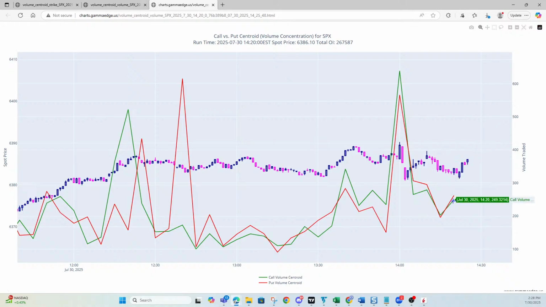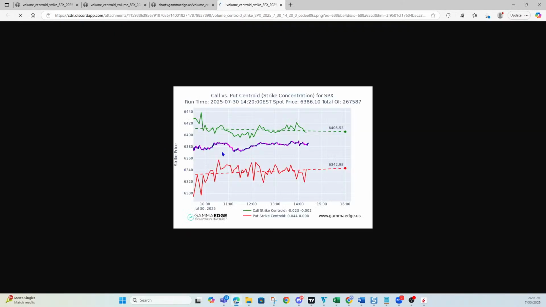So what you want to see if you're anticipating a large move to the upside is the call volume outpacing the put volume. So you want to see this call volume continuing to spike to the upside, right? This would bring that call centroid, or the mass of market participants, into a positive slope. So then you would see this slope start changing to the upside.